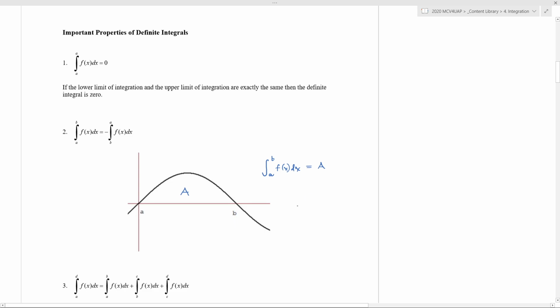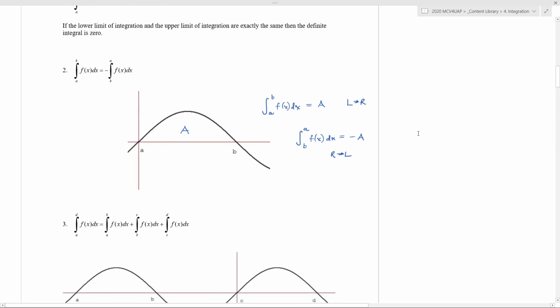And you could also write then that the integral from b to a, which is integrating the other way, is just negative A. So this is integrating from left to right, and the second one is integrating from right to left. And you use those properties to evaluate those integrals, or we used, and hopefully you went through the ones that I didn't do, to evaluate some of those definite integrals.